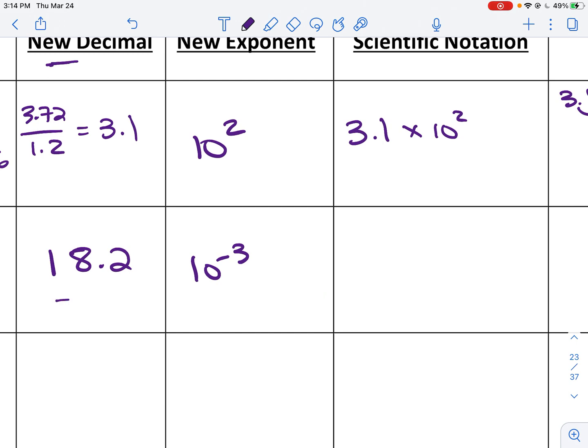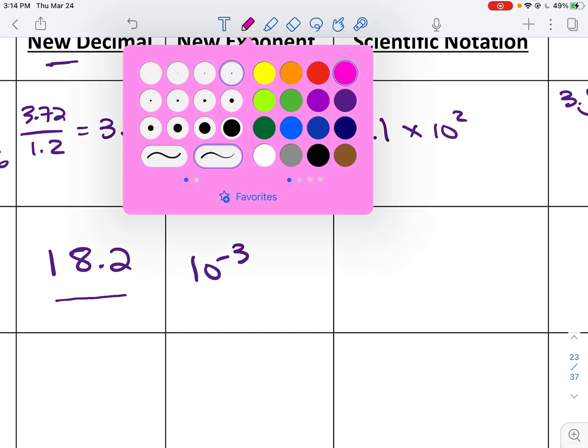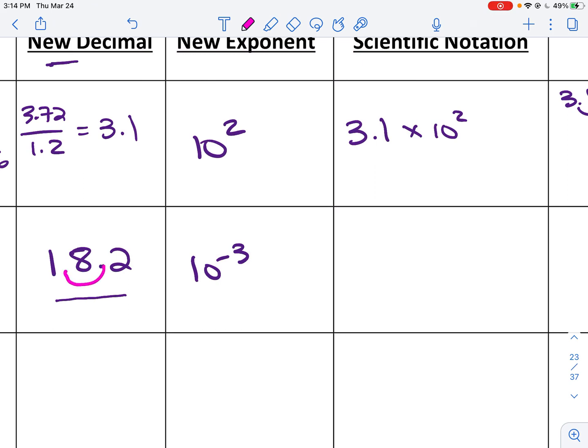Now, if you look at this, this is not going to be in standard notation for us. We need to actually make it into standard notation. So I need to move that decimal over. And since 18 is greater than 10, that means we're going to be adding. We moved it one time. So this is going to be 1.82 times 10 to the negative 2.